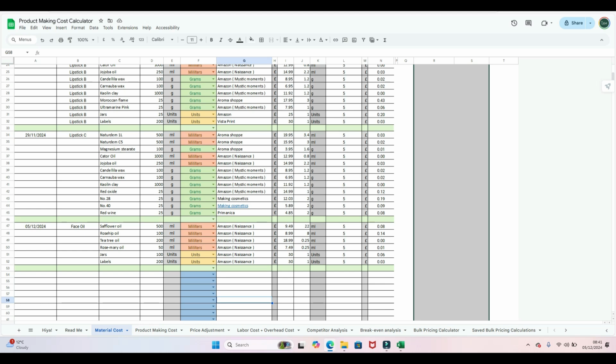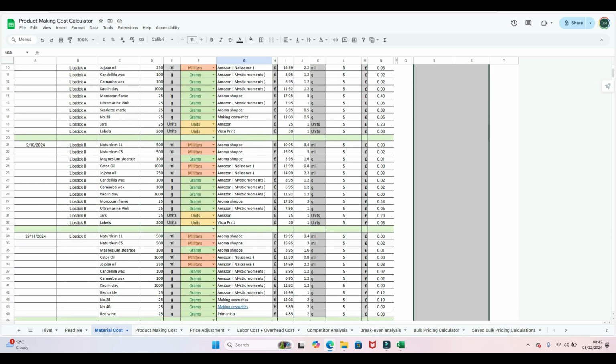It's the same with kilograms. If you're using coconut oil, for instance, for a face cream, let's say you bought 1 liter of coconut oil, make sure you convert it into 1,000 milliliters and then use milliliters for your calculations.